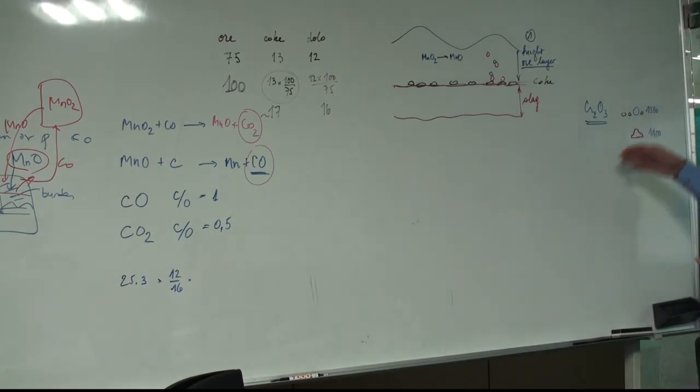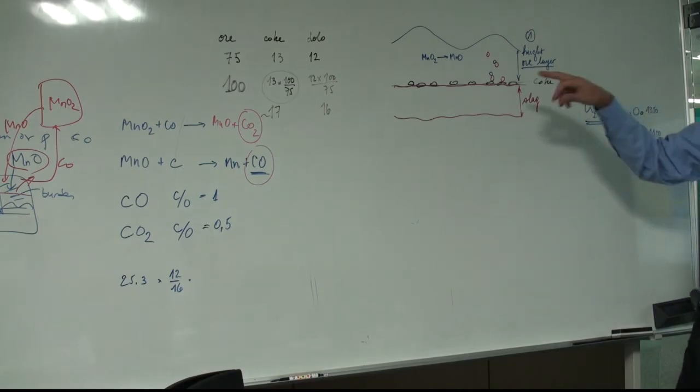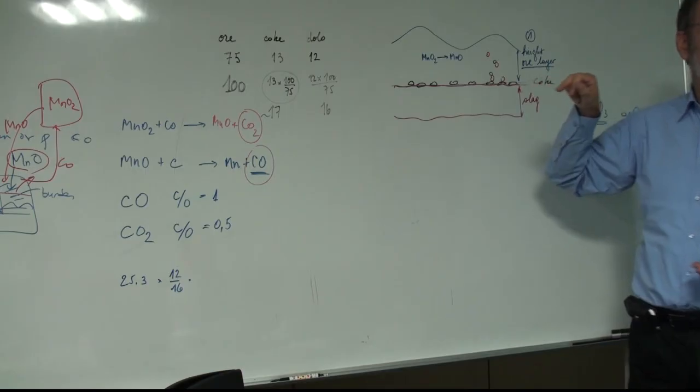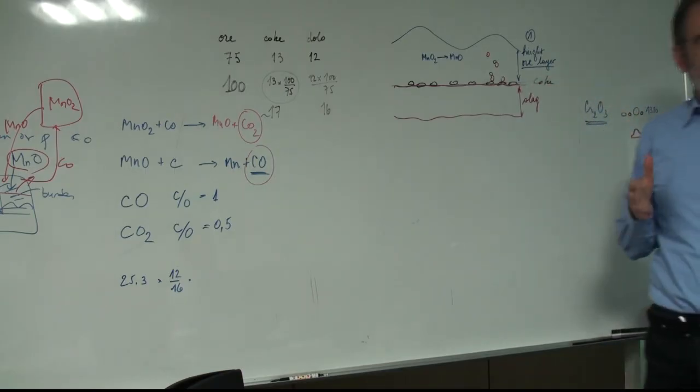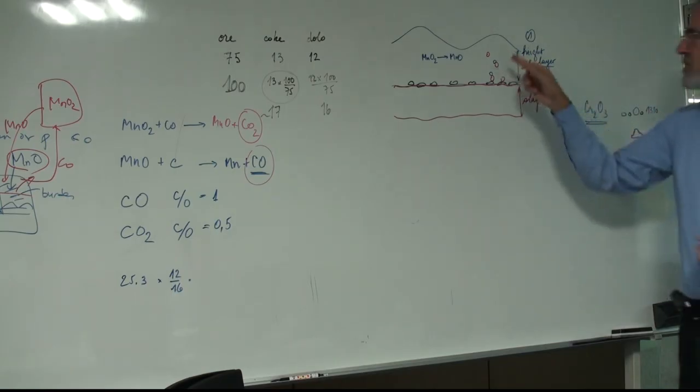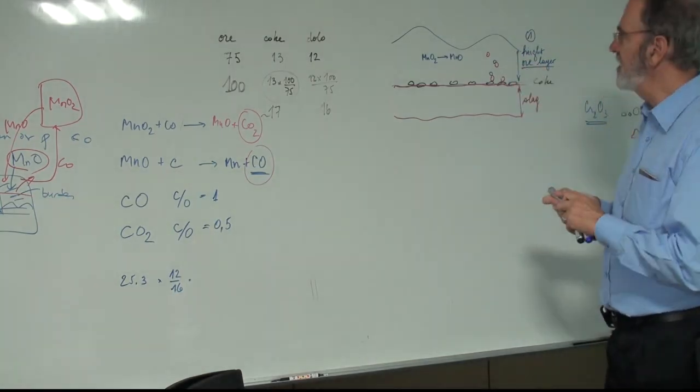Okay. So in case of chromium, definitely the PCR will be 0. But in case of manganese, because this is pre-reduced very easily, you have a good chance to make this reaction, and CO giving CO2.